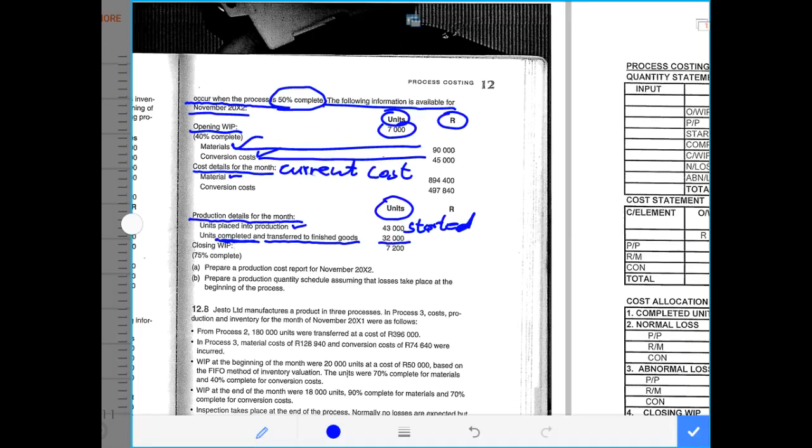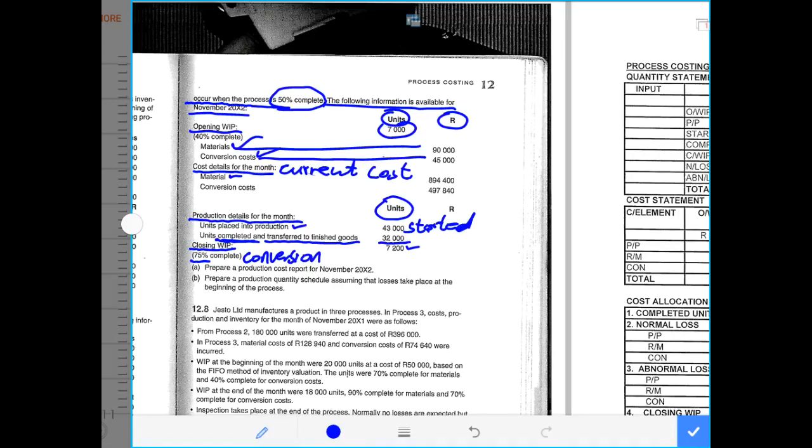And the closing work in process is 7,200 units, and these units were 75% complete. That means this is with regard to conversion cost, even if they don't make mention of that, because we know that material was added at the beginning of the process.